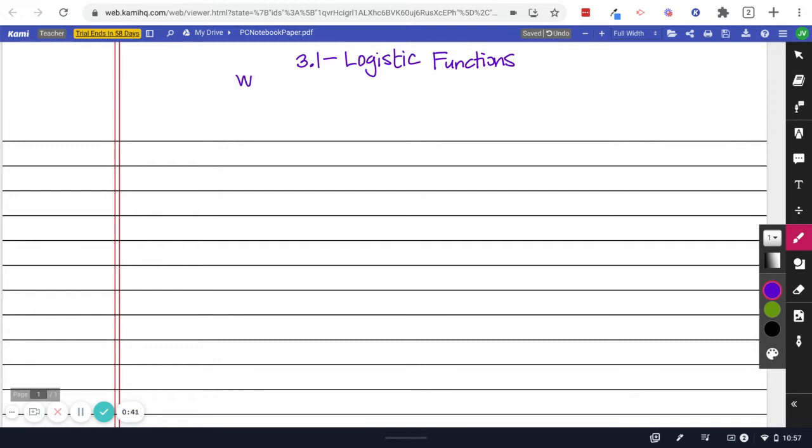So when we talk about some key characteristics of logistic functions, we're talking about things that actually apply to biology or epidemiology, or even in general maybe some sociology stuff, just looking at populations, right?